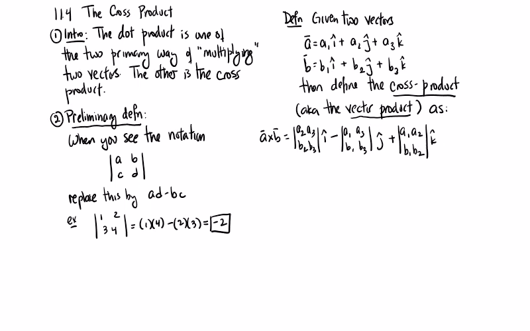Now, according to this little notation on the left, you can work this out. You can write this as (A2B3 minus A3B2) i. You can write the next one as (A1B3 minus A3B1) j.